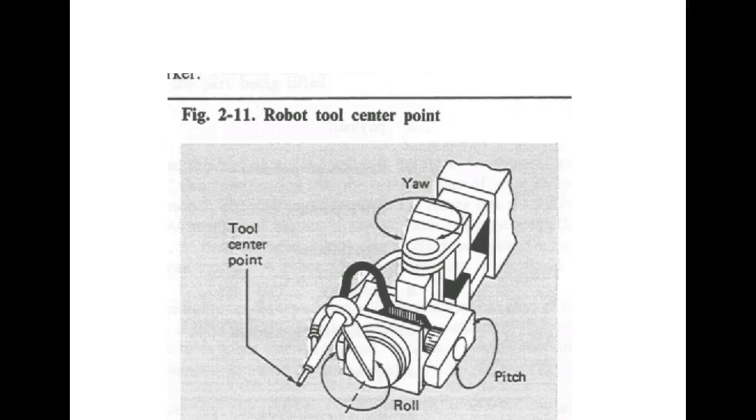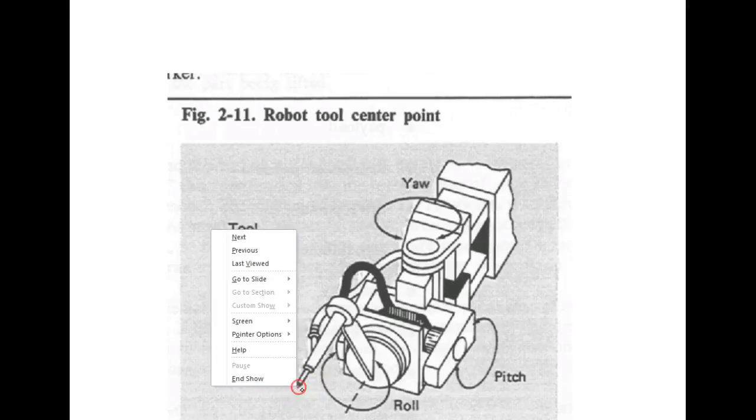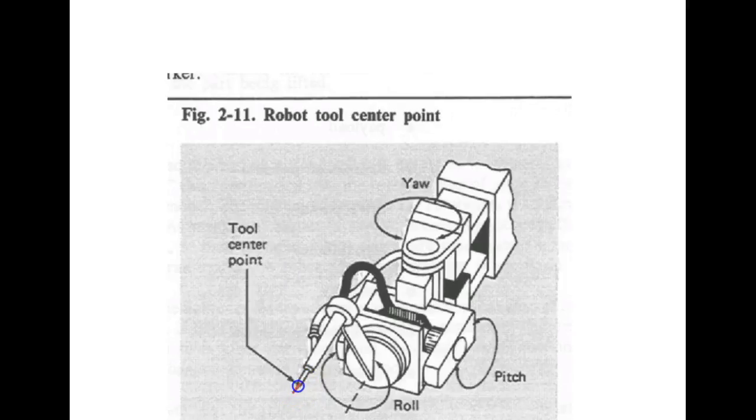Now on a welding torch, if it's a wire welder, the tool center point wouldn't even be there. It would be the tip of the wire, because that's what you're trying to position. These guys are very, very precise. What's really neat is we'll see some videos where they actually use the wire as a sensor.